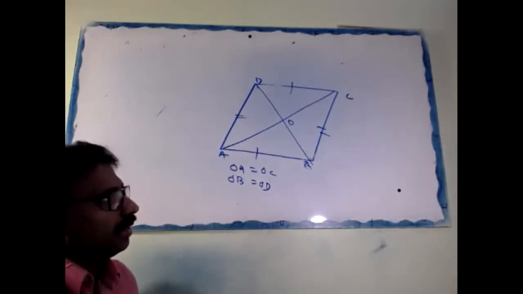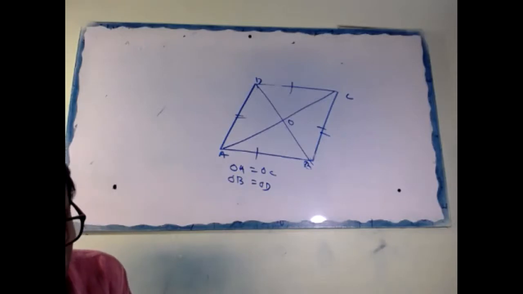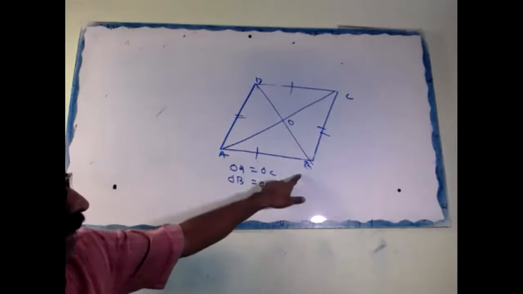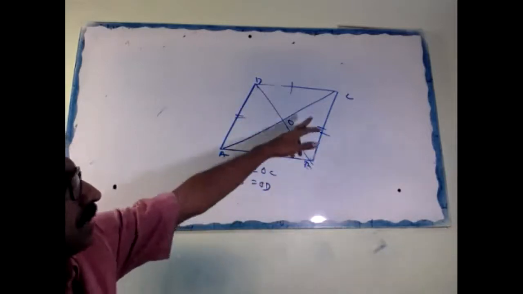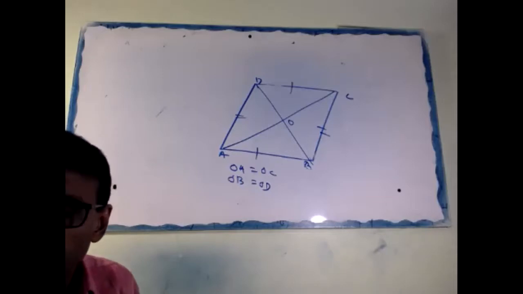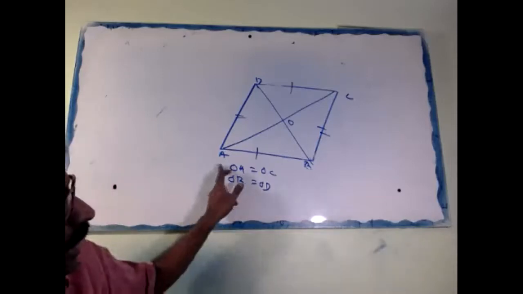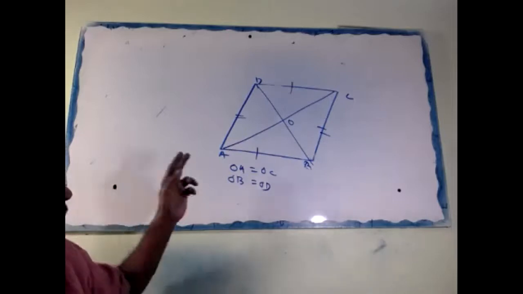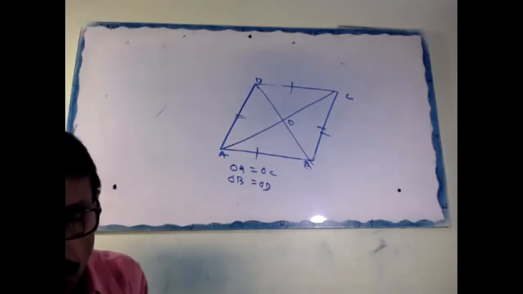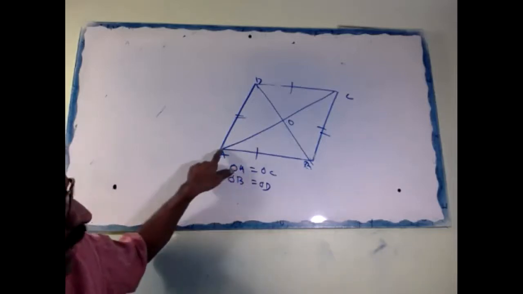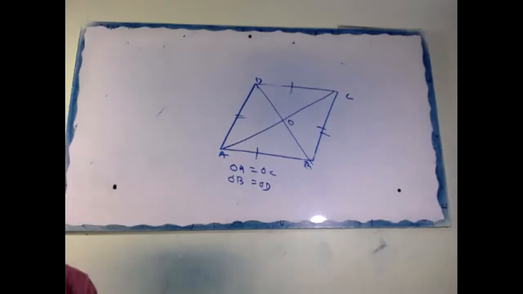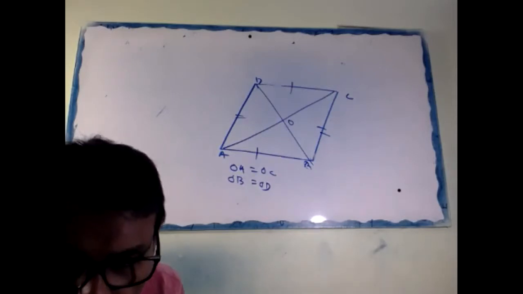Look here. In a parallelogram, opposite sides are equal. That means AB equal to DC, BC equal to AD. Second, opposite sides are parallel: AB parallel DC, AD parallel BC. Then opposite angles are equal: angle A equal to angle C, angle B equal to angle D. Next, a diagonal divides it into two congruent triangles.